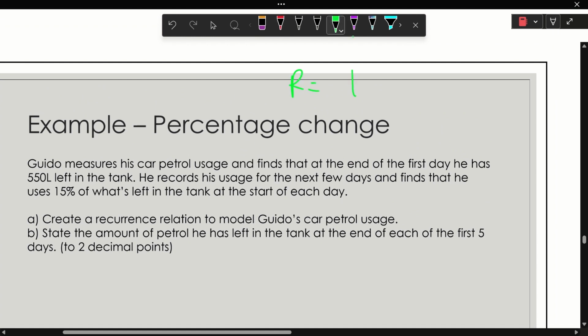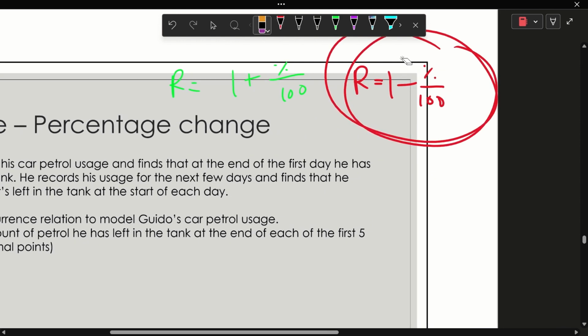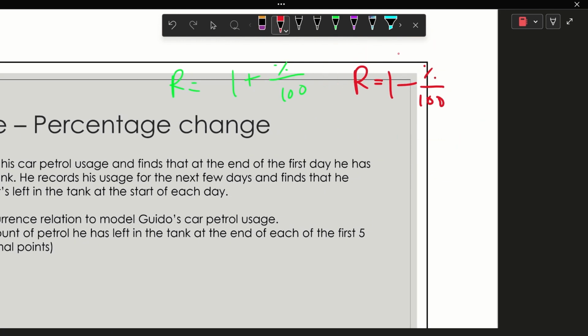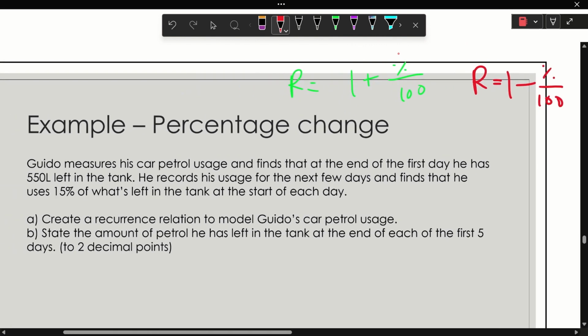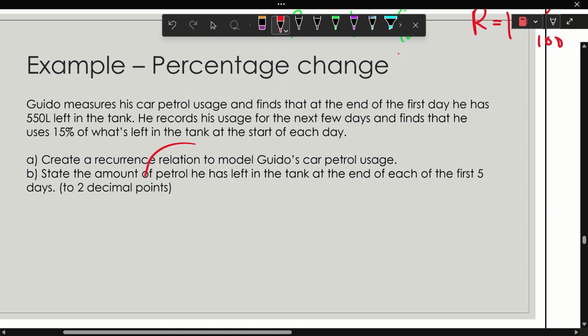So, that being said, remember the two ratio rules that we've got. For increasing, it's 1 plus percentage over 100. But if it's decreasing, what are we going to use? 1 minus percentage over 100. So in this scenario, we're going to be using this formula, this ratio of 1 minus, because it's going down. Question A, we need to find a recurrence relation that models his petrol usage.